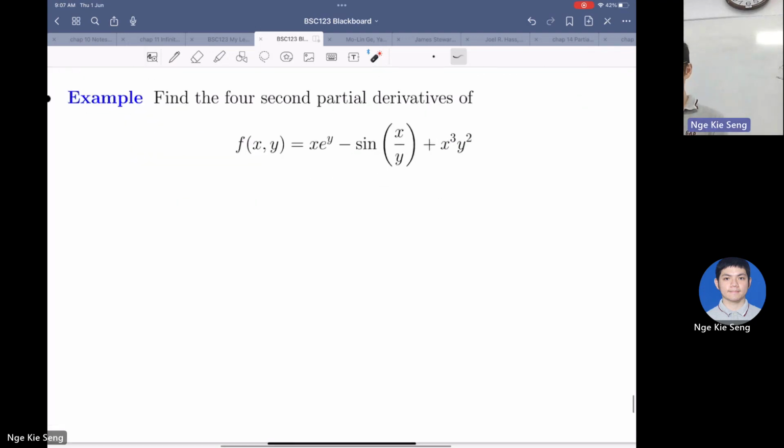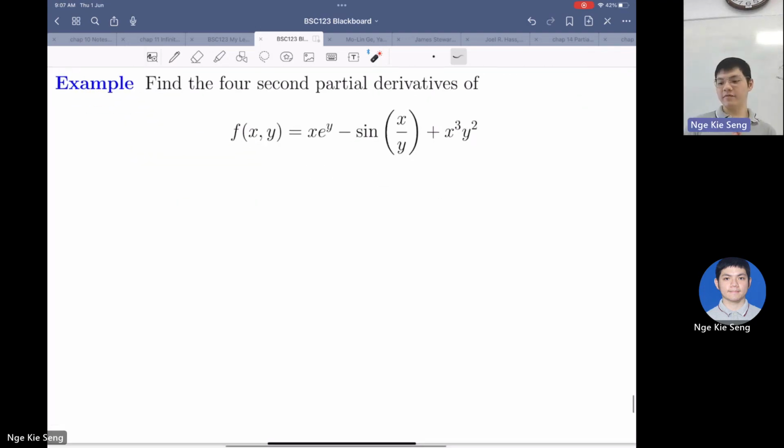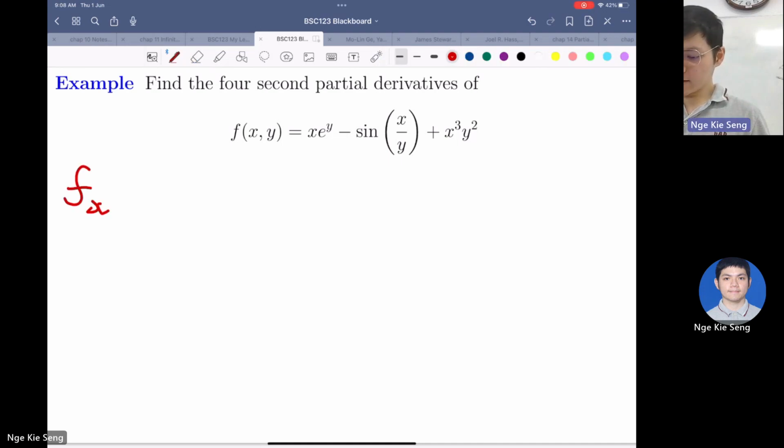So let's try to find the four second partial derivatives of this function. Let's start with finding the first derivatives first, fx and fy.